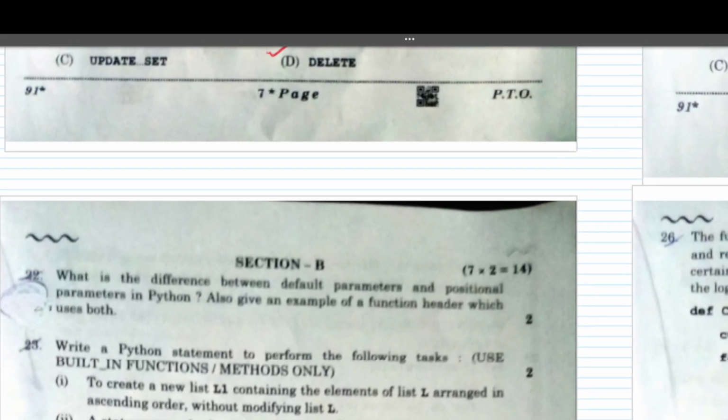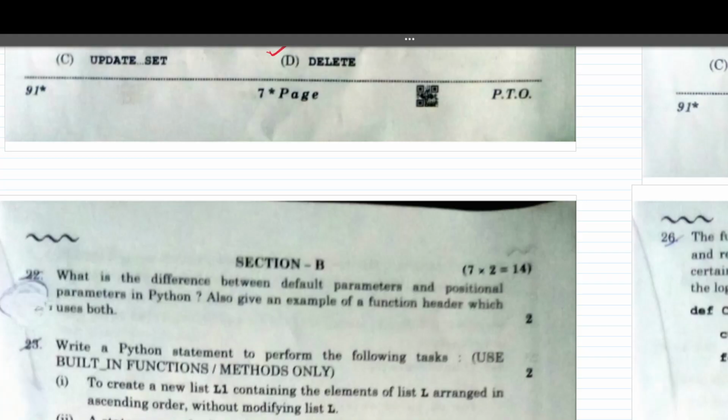20, 21, yes. What's the difference between default parameters and formal parameters? And here it says you need to support this explanation with the help of a function. Very good question. So very easy. You just need to write def, I would say CBSE12.